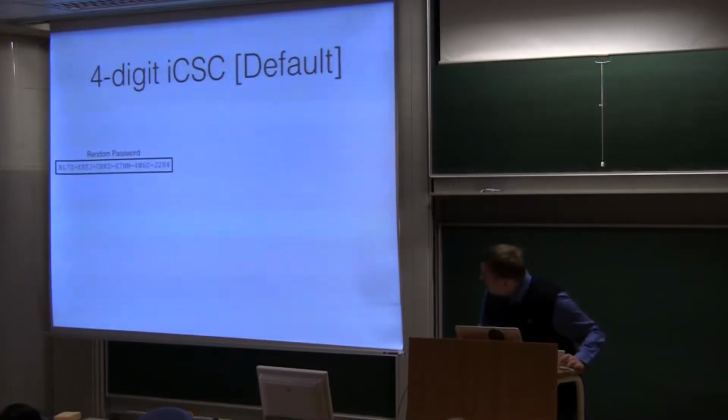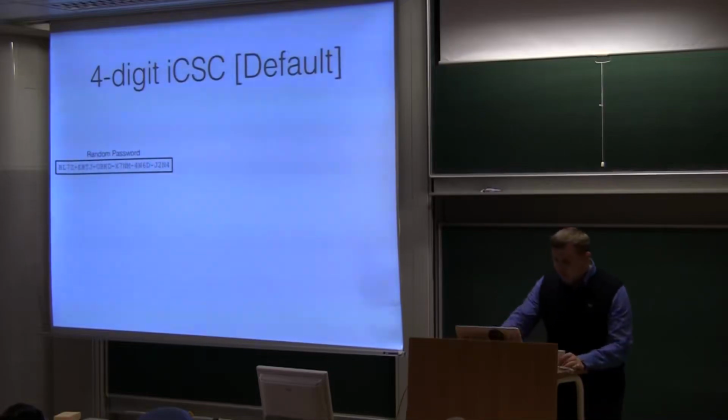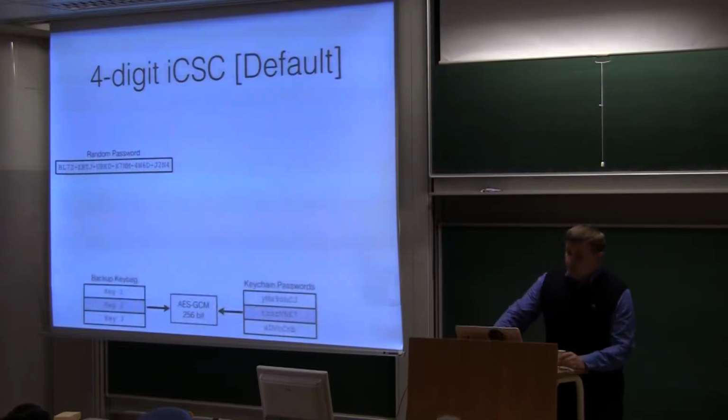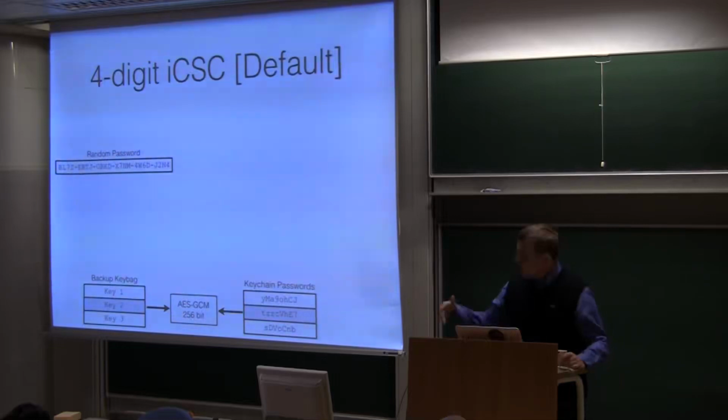It looks like this: 24 random characters. The next thing that happens on the device is that a new keybag is generated, and passwords from the keychain that are marked as exportable, the ones that can be uploaded to iCloud Keychain, are encrypted with this new keybag using AES-GCM, Galois counter mode.